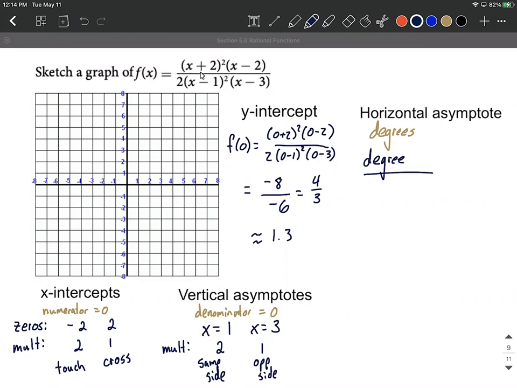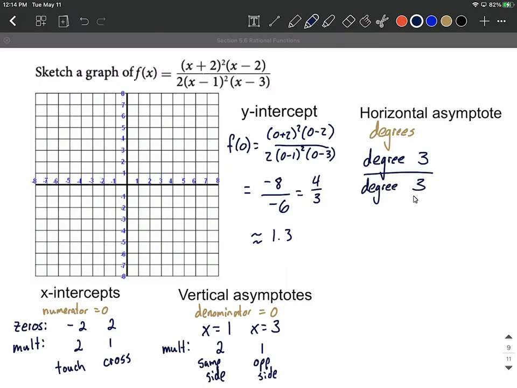You can visualize that if you had 2 copies of this factor and 1 copy of this other factor, we're going to have a total of 3 copies of x multiplied together. Or if you add together those multiplicities, 2 plus 1, we get degree 3 as well. For our denominator, very similarly, add these two and the other multiplicity of 1, that adds up to degree 3.